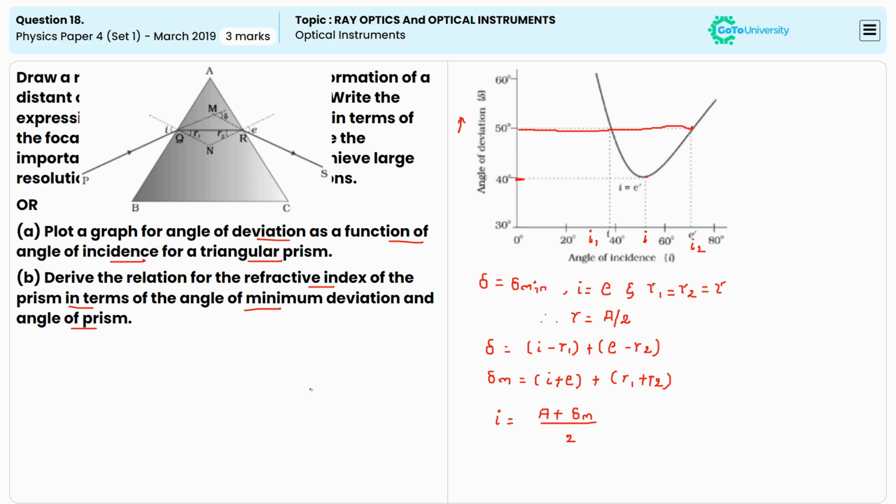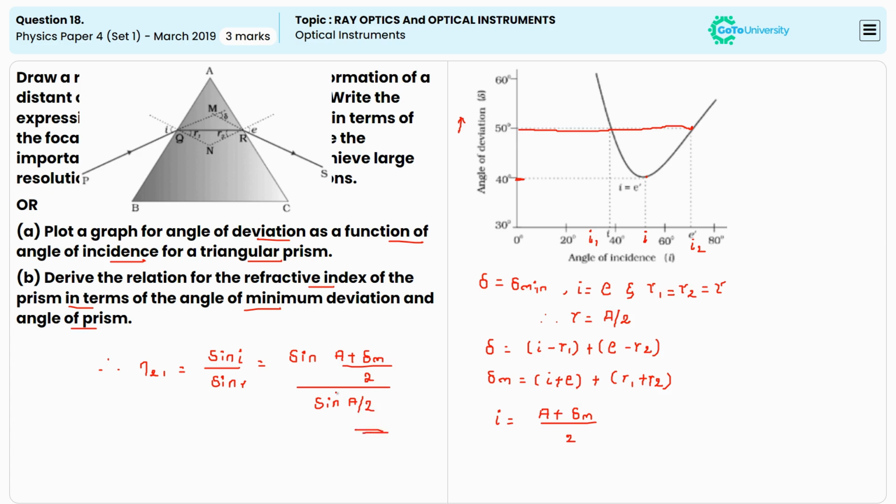Then N, we can know from the figure, N21 is equal to sine I divided by sine R. Then if I substitute the values, sine I is equal to sine of A plus delta minimum divided by 2, divided by sine R, where R is equal to A by 2, that is sine A by 2.